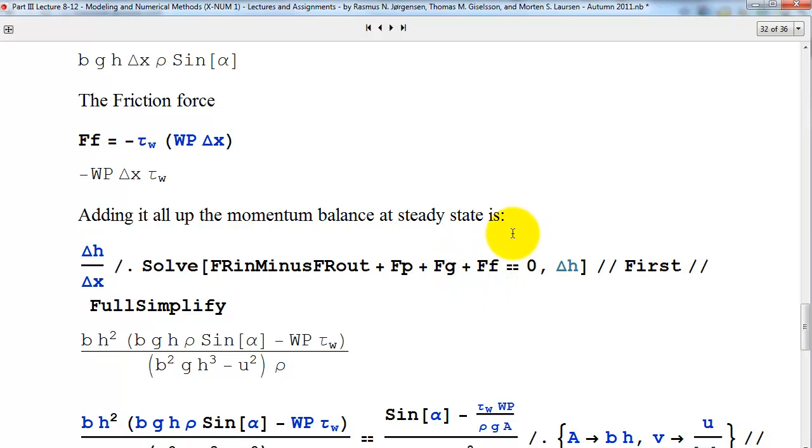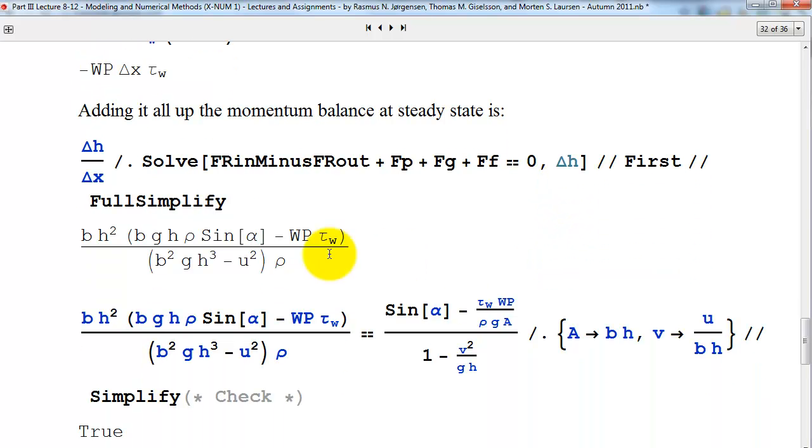And that needs to be 0, as we stated earlier. So we solve that with regard to delta X. We simplify it as much as possible, and we ended up with this relation. It's a little different than if we go back in the slides. You can do that, because that one was stated like this.